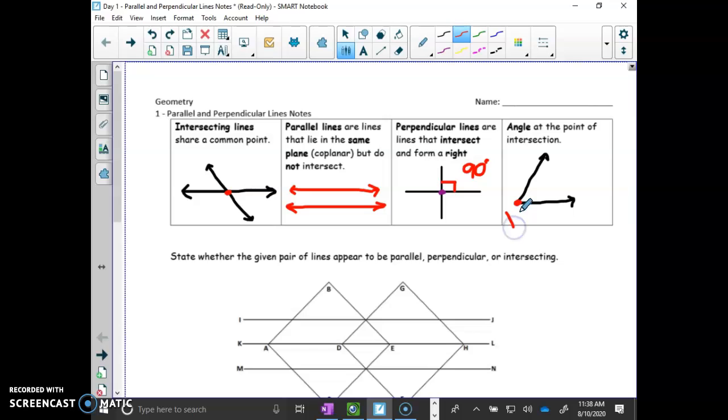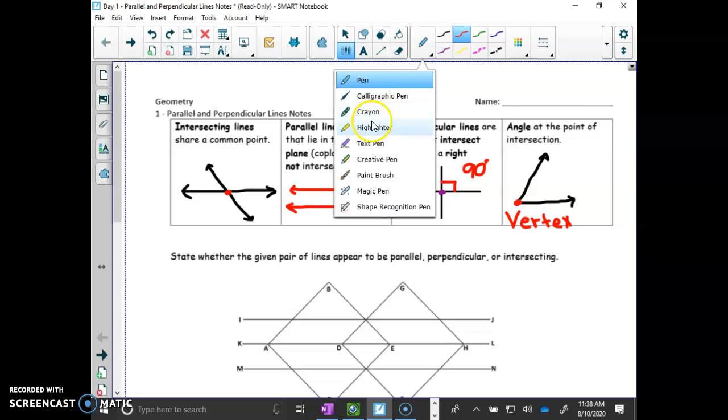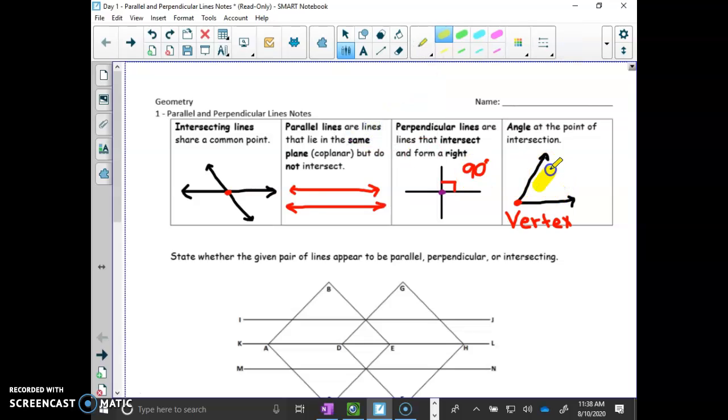So we're going to need to know this word. We're going to call it a vertex. Okay, so the angle itself is actually the space inside of here.